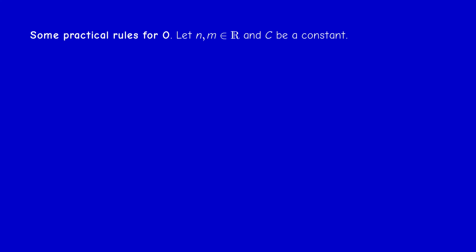Okay, but before doing this, let me give you some practical rules for the use of the big O notation that I explained in the last video. We always have xn is a big O of xn, by definition. Recall that big O of xn is not really a number, it is actually a class of functions.